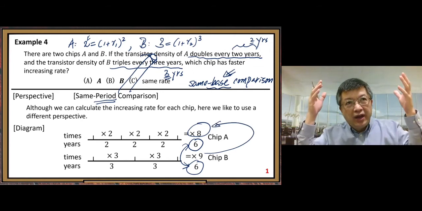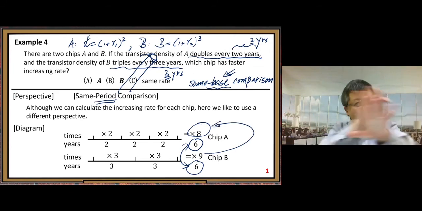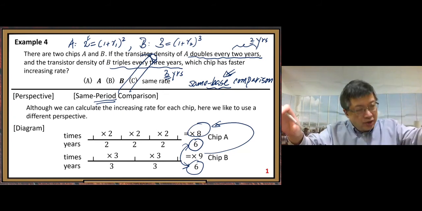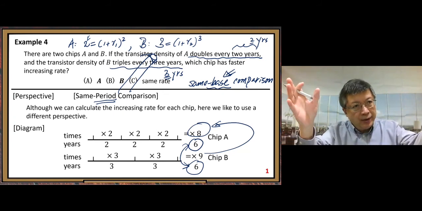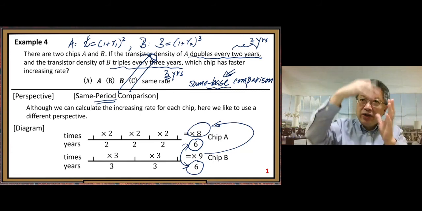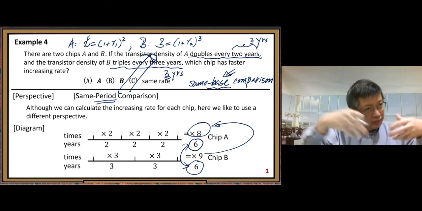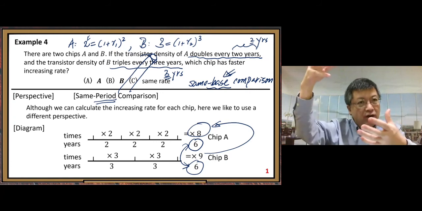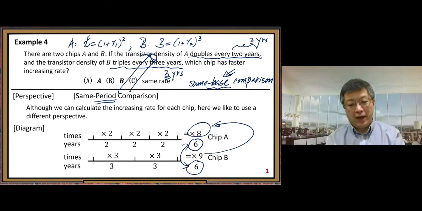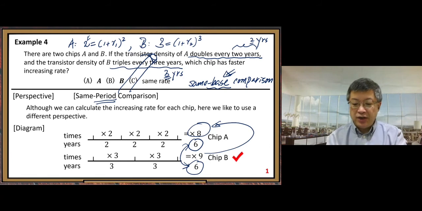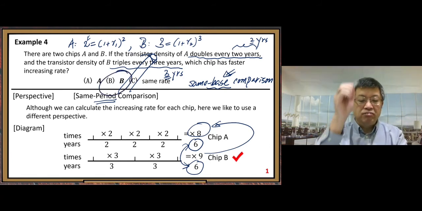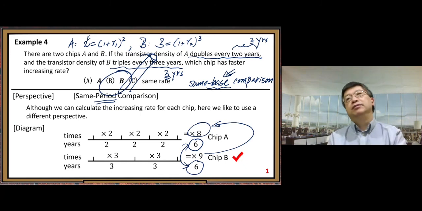So we get the conclusion: when we establish the same base, that is the same period, chip B increased faster than chip A. So the answer is chip B, the winner.